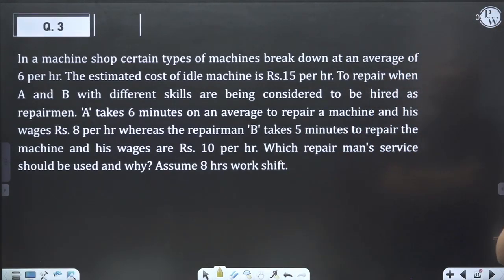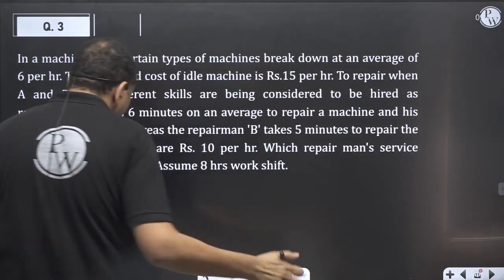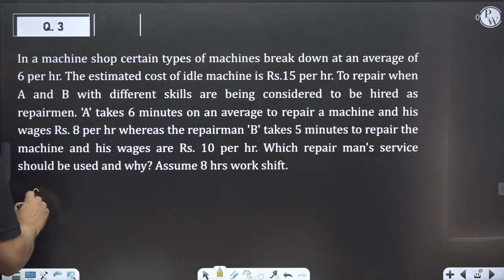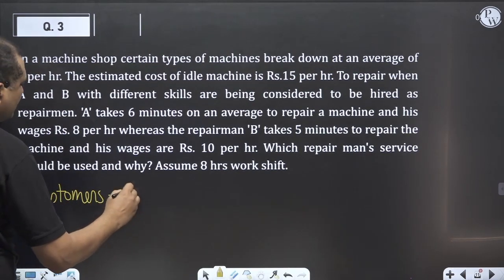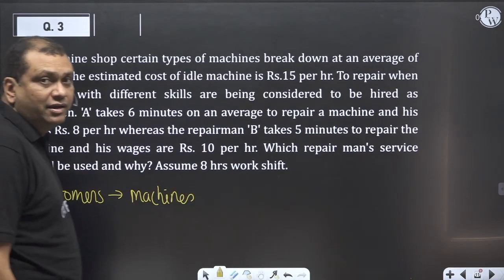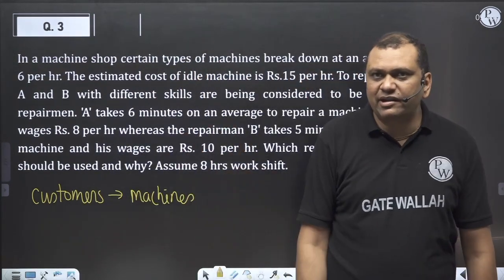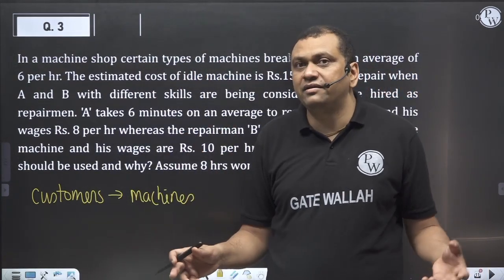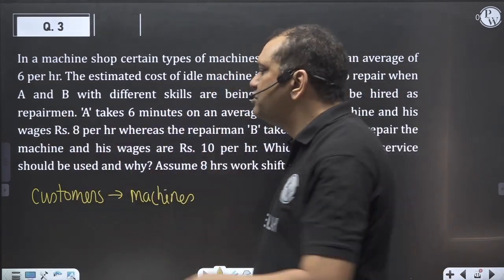In a machine shop, certain types of machines break down at an average rate of 6 per hour. In this, customers are machines. Suppose a machine breakdown happens, there is a repairman. The repairman goes to a machine, repairs it, it's on, and he goes to another machine.